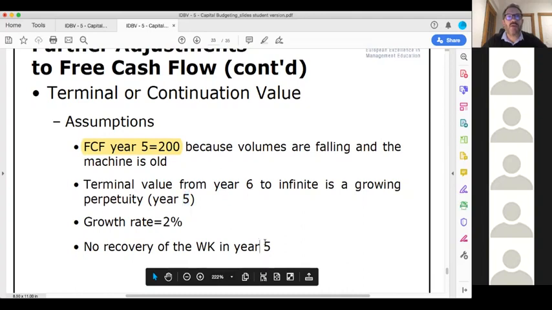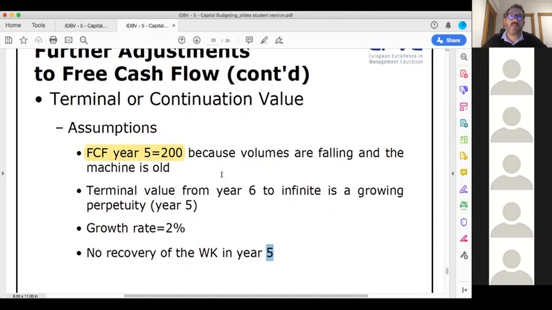And no recovery of the working capital in year 5. Because the recovery of the working capital is when you stop producing. Then you receive the money from the customers.